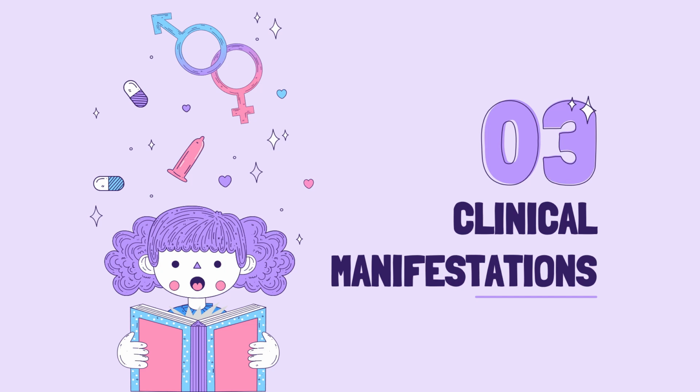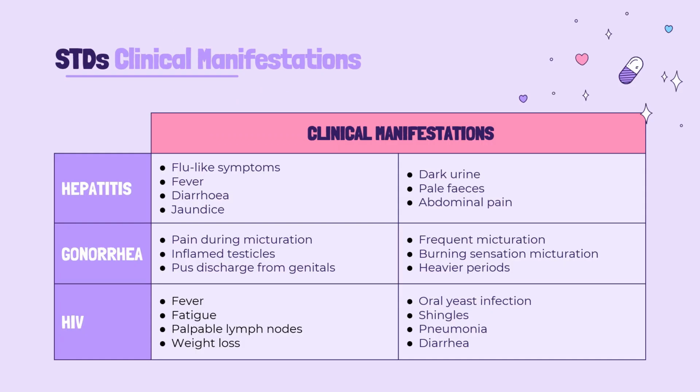So now let's look at the clinical manifestations of oral STDs. First, for hepatitis, the clinical manifestations include flu-like symptoms, fever, diarrhea, jaundice, dark urine, pale feces, and also abdominal pain.